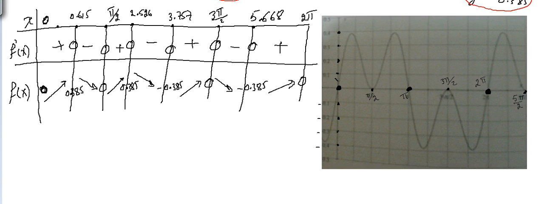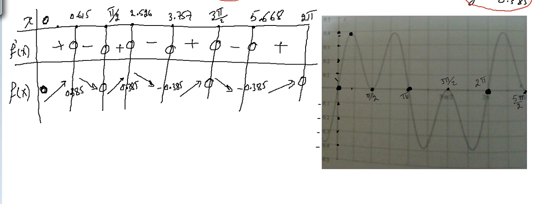Then 0.615 abscissa, 0.385 ordinate, which is this point, because pi over 2 is 3.14 divided by 2, which is approximately 1.57. So 0.65, it's almost this point. 0.38, it's almost this point.